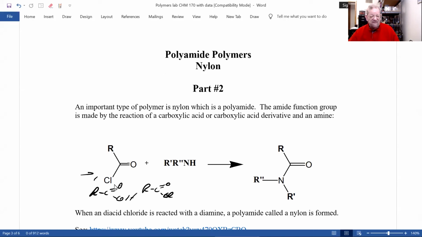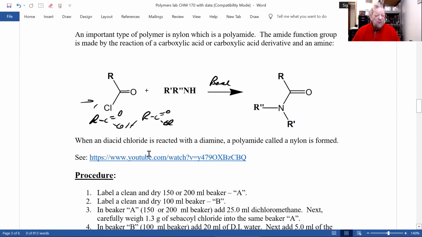This is going to give off HCl, and you have a base present, and you form an amide. When you start with a difunctional acid chloride and a diamine, you make your polymer, a polyamide, which we call nylon.